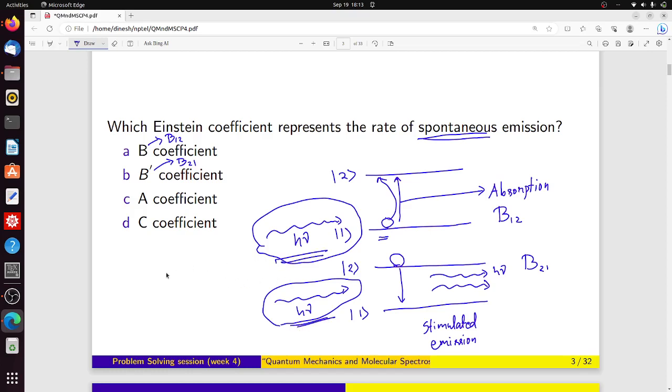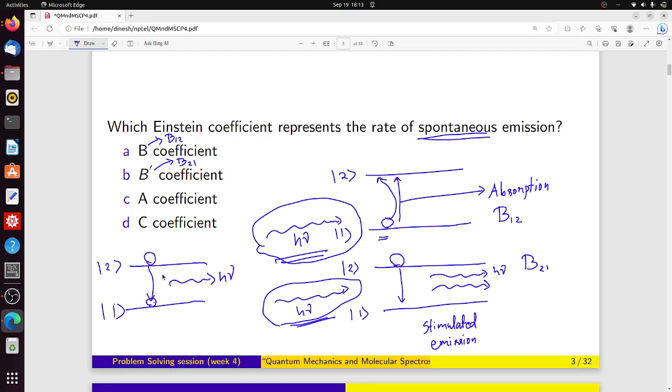Now let's assume there is no external radiation. Your system is in a closed box where there is no external radiation. In that case also, the electron from the second state can come to the first state spontaneously. You don't have to give any external energy. It will come to the ground state spontaneously and emit one photon.